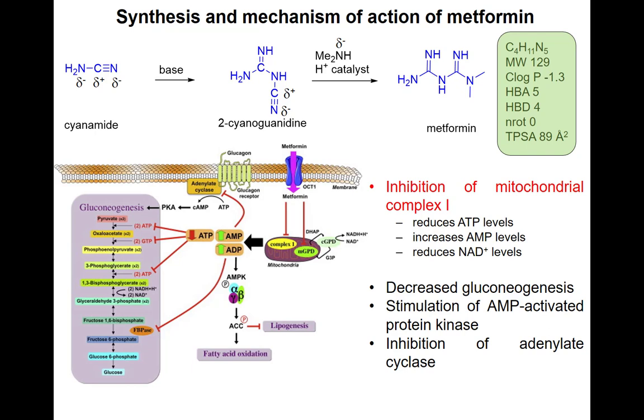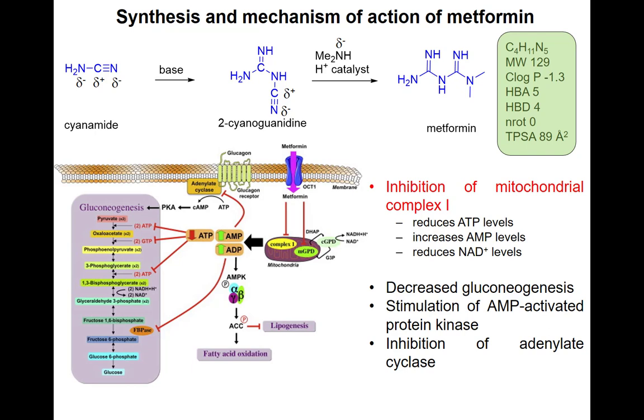What we do know is that, as I mentioned, it is transported through the cell membrane. So it comes in by being recognized by this solute carrier OCT1, which is a transporter sitting in the cell surface, and it comes into the cell through this process.